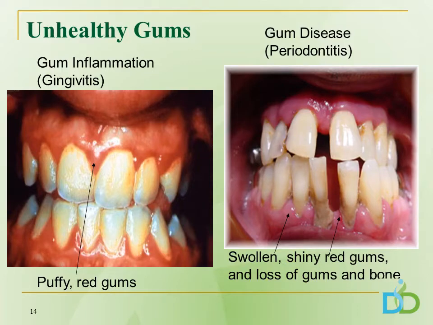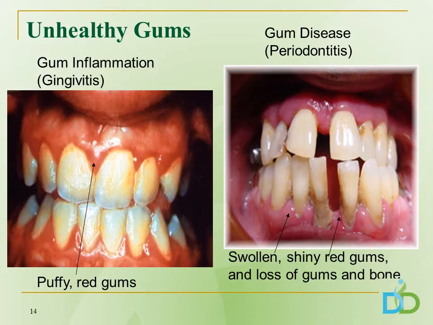So gingivitis is reversible. The picture on the right, though, demonstrates gum disease or periodontitis. This is an extreme case. It shows the loss of bone around the tooth and especially the roots. Bone loss has occurred due to unstopped gingivitis. The teeth may appear longer.